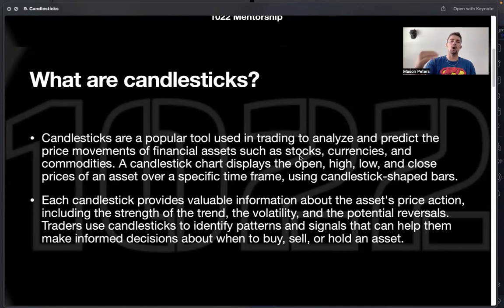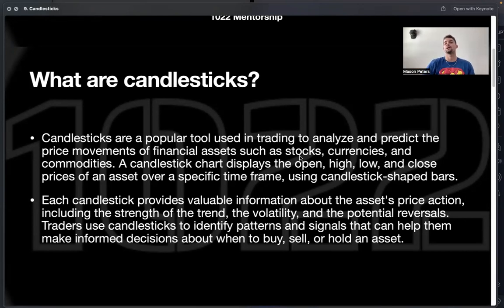It displays the open, the high, the low, and the close of prices over a specific time frame using a candlestick shaped bar. If you were to look at a candle and light it with a lighter, you have the body, which is the wax, and then you have the wick, which is the part that you light.